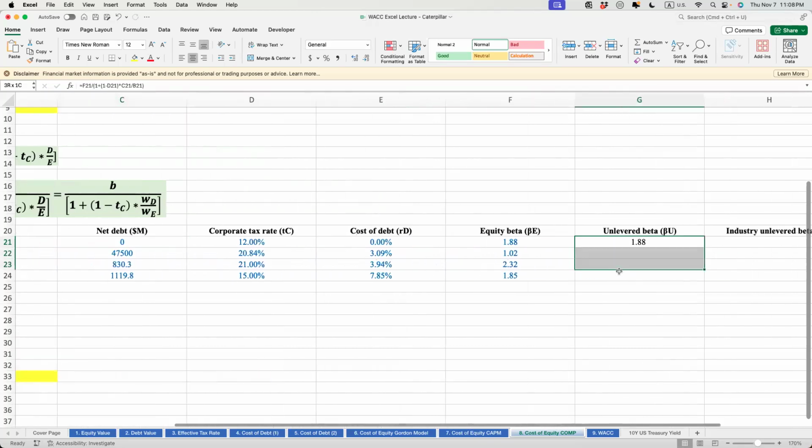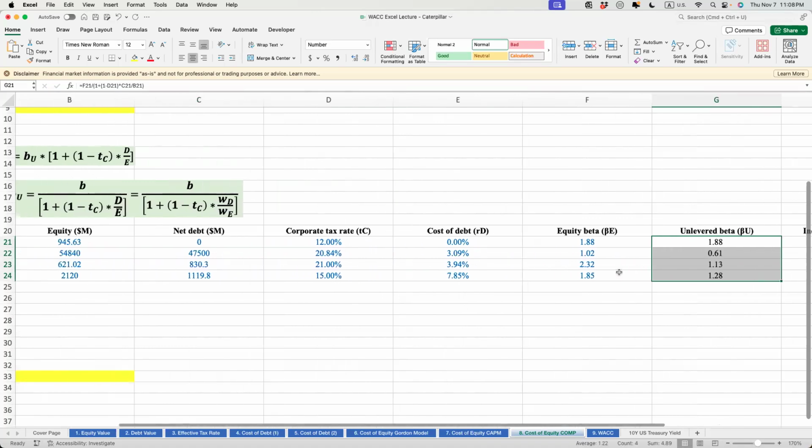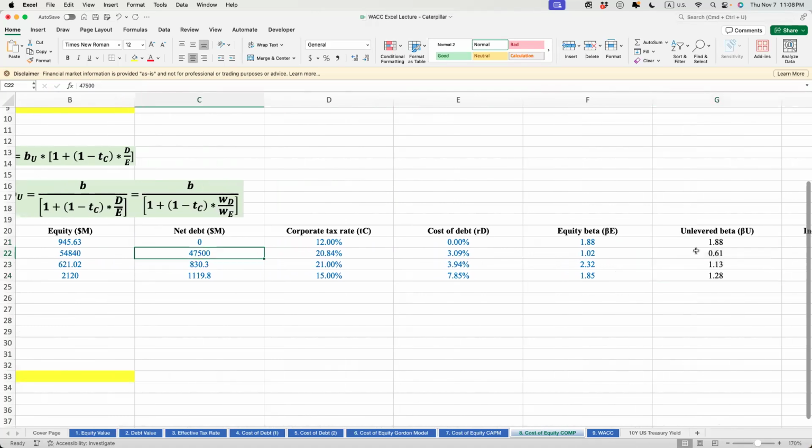But if you copy this formula down to our other competitors, you're going to realize that if we unlever this beta, meaning we assume the company doesn't use debt, this beta risk becomes smaller, which makes sense. It's because you don't use debt, so you reduce the risk that your company is facing. When you're operating your business during the COVID period, you don't really need to worry about paying somebody's interest or paying the debts back, because you don't use debt.